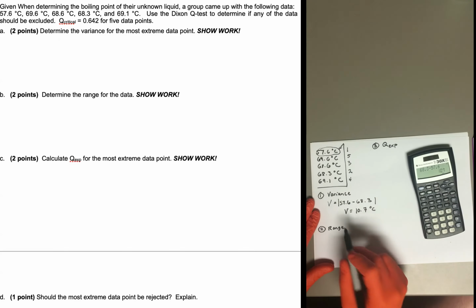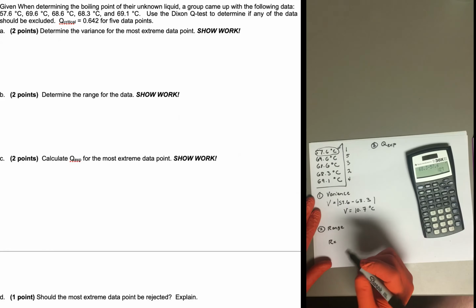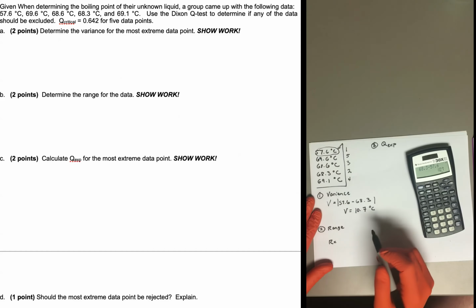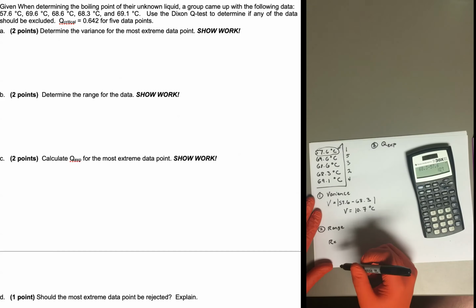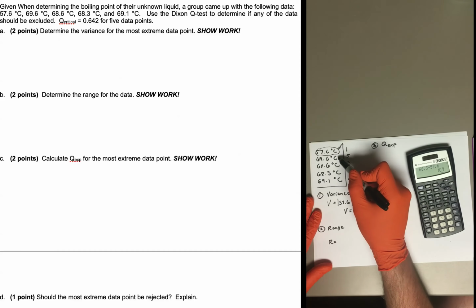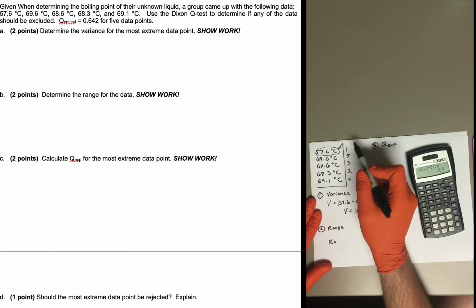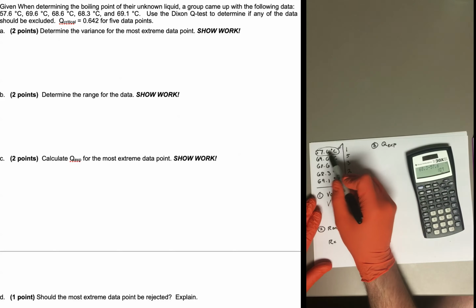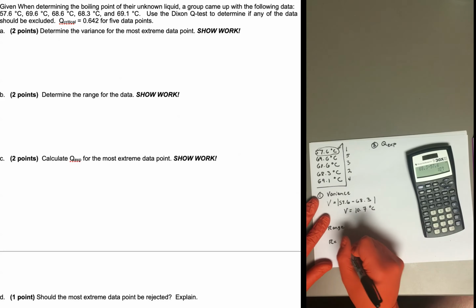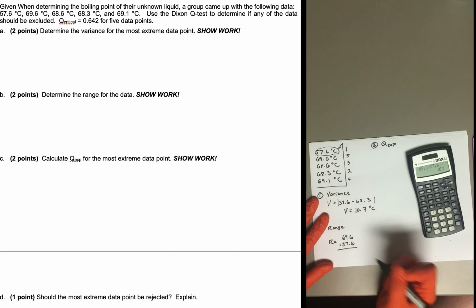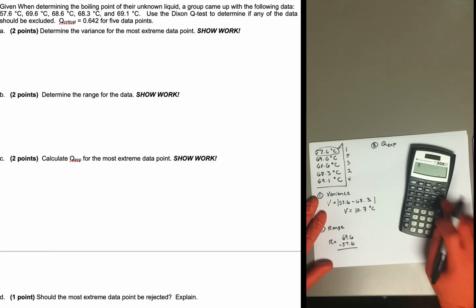Now the next thing I have to do is calculate the range. So with the range, I'm going to take the highest number in the sequence, which is my 69.6, and subtract the lowest number, which is actually the number I'm trying to throw out, 57.6. So that would be 69.6 degrees Celsius minus 57.6 degrees Celsius. Let's plug this in.